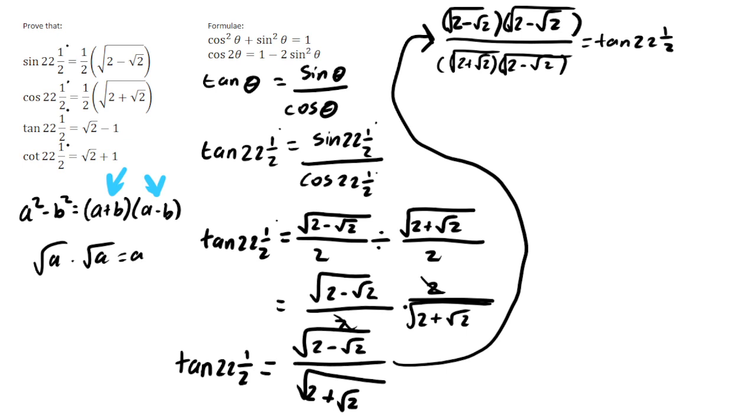So square root of 2 minus root 2 multiplied by square root of 2 minus root 2 is, of course, 2 minus root 2. That's all over square root of 4 minus 2. Because you're taking the square root of the first term, a, just like this equation, and subtracting the square of that, b.